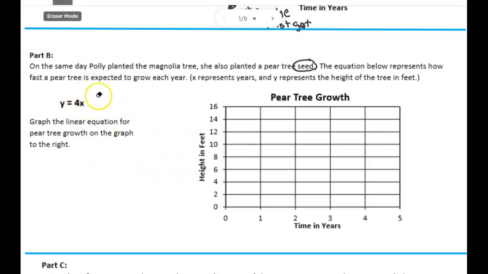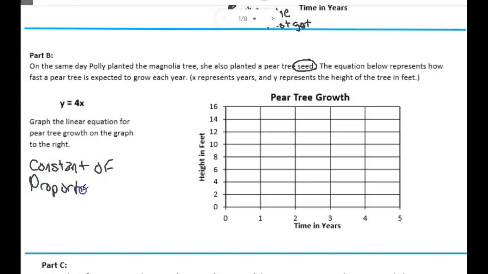Now, what type of equation is this? You don't see a C term. You don't see plus 7 or anything like that. I mean, you could technically put plus 0, but remember, mathematicians are kind of lazy, not going to do all that work. So we just leave it at that. So this is what we call a constant of proportionality equation.